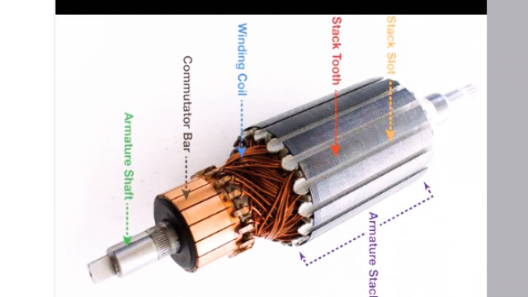We place the winding on the slots of the armature, and the armature is connected to a commutator bar, which is useful in commutation, discussed later in this video. The armature is connected to a shaft known as the armature shaft, and this shaft rotates due to the force on the armature.